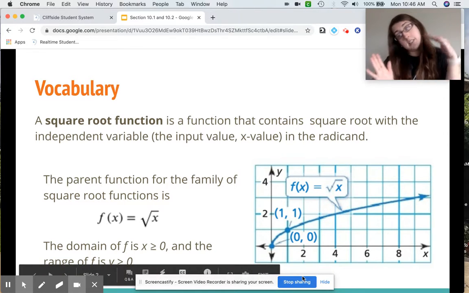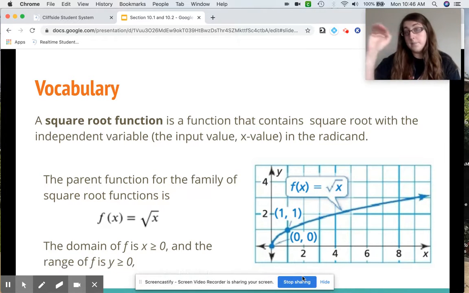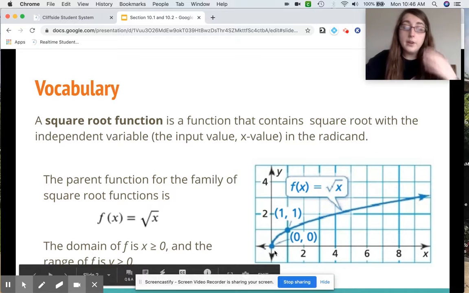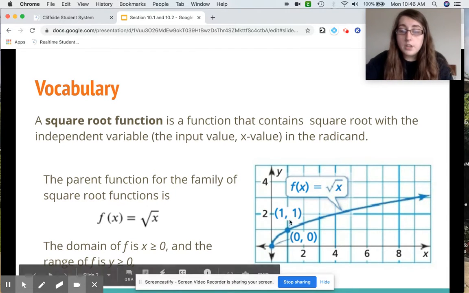But if you look sideways, you can see that it is a parabola, or the side of a parabola, one half of your parabola. So if you remember when we were graphing parabolas, you had that pattern of 1, 3, 5, and that's how you graphed it. What I want to show you here is that pattern as well.